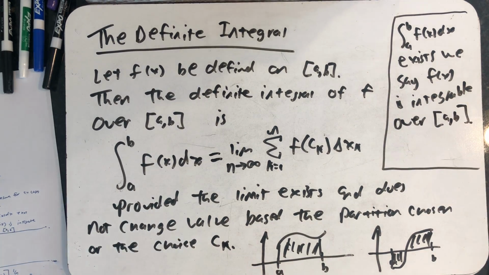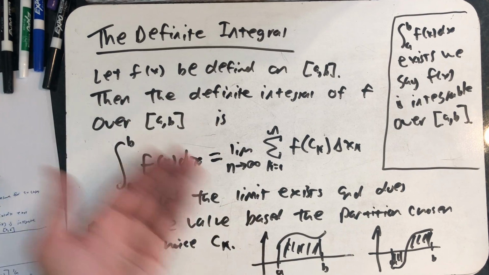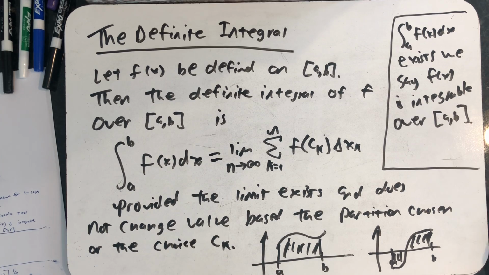So when I say a function is integrable over a finite closed interval, I'm simply saying we can do this process and get a value. Now let's go through some of the notation and then work an example.